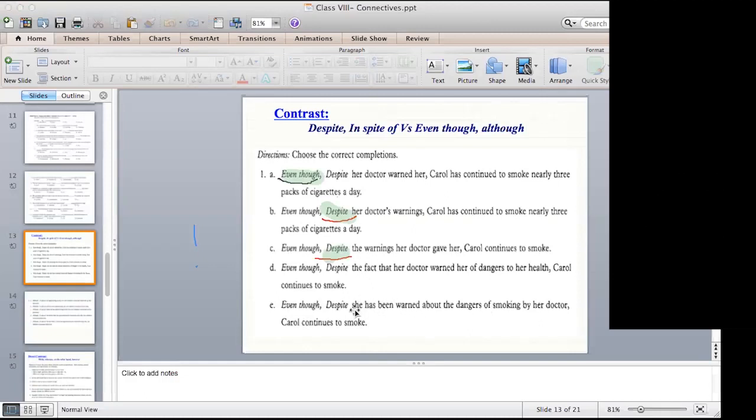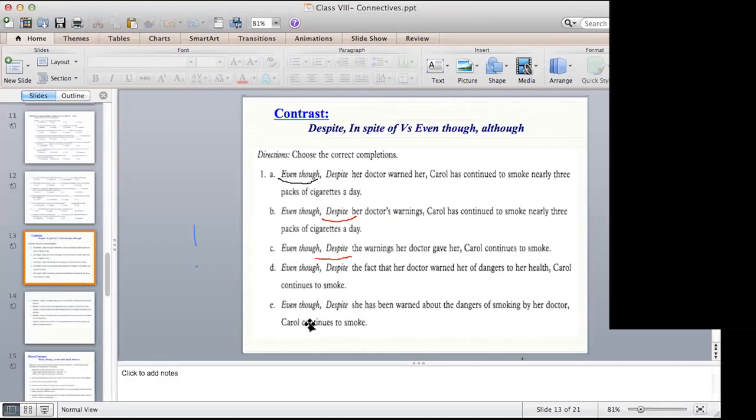We have subject, verb, and then other things here. Because we have subject and verb, we need even though. Even though she has been warned about the danger of smoking. We cannot say despite she has been. No. Despite the warnings, despite the fact that her doctor warned, despite her doctor's warnings, but even though she has been warned about that. Okay, I hope this is clear.